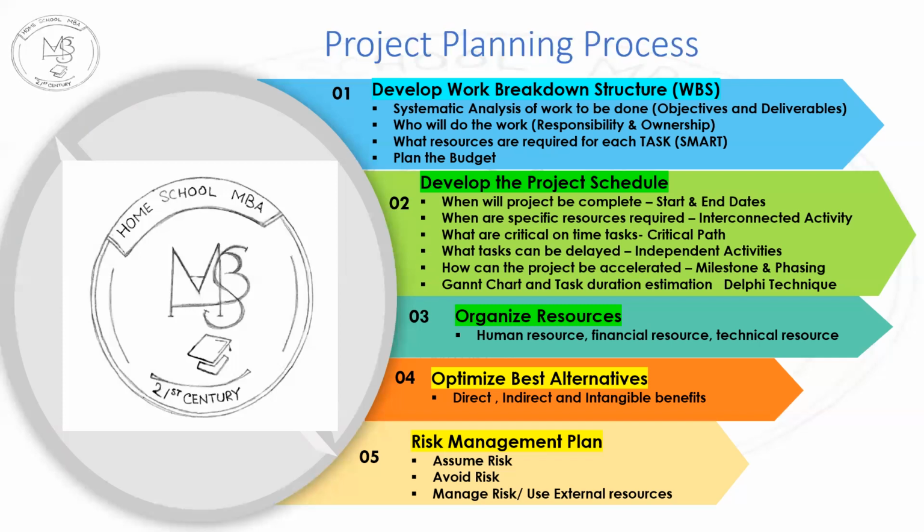Optimize best alternatives. Now, direct, indirect, and intangible benefits. Best alternatives are again determined through collective decision making and voting, and it is collectively decided which one is the best alternative. While determining the best alternative, you consider the direct, indirect and intangible benefits.